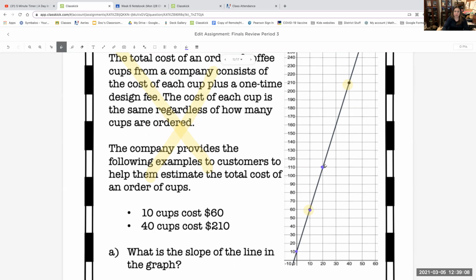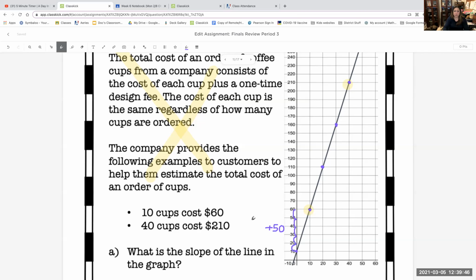I have this point right here. Keep going. I have this point right here. And then obviously that last point. Okay, so any of these points we can use. Now, notice here, it's going by tens. So instead of saying 1, 2, 3, 4, we'll count 10, 20, 30, 40, 50. And we're going up. So this is plus 50.